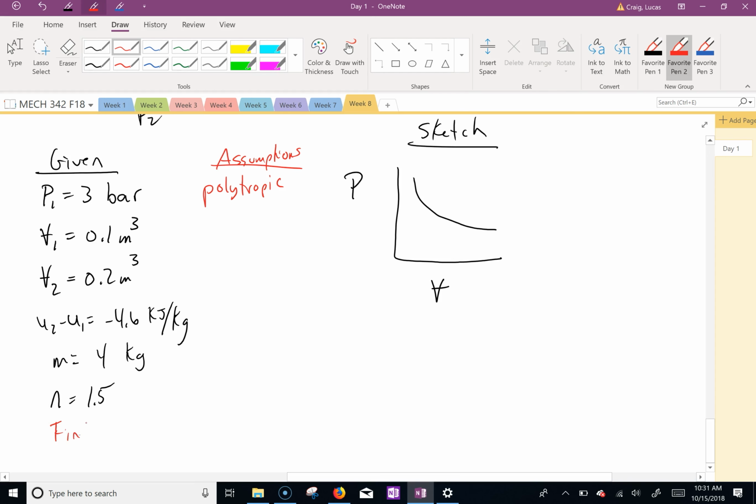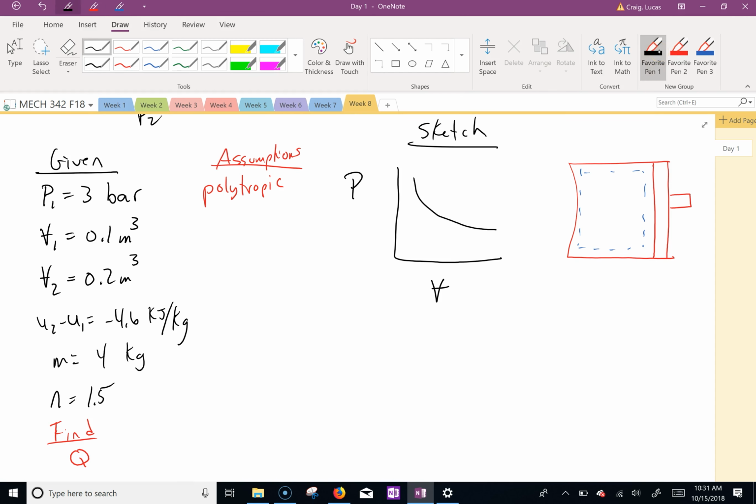We're going to find Q. And here is our piston device. Let's assume Q is out. And this expands, so our boundary work is out.